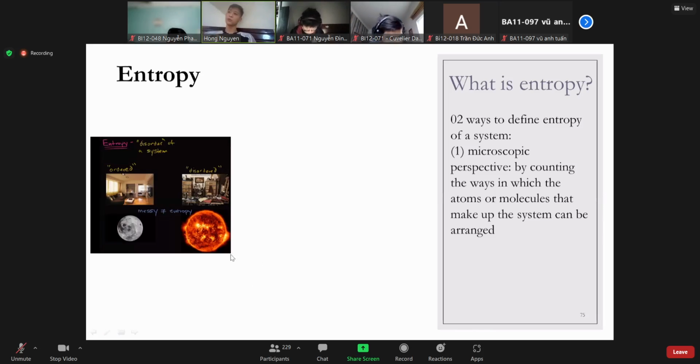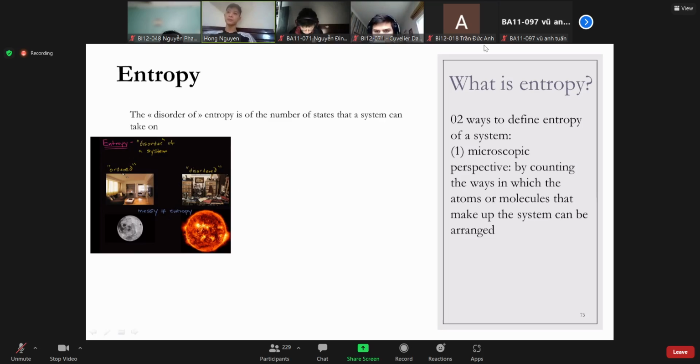But how to prove it? How to prove it? It's a different way. We cannot just look at a system, and we intuitively say that this one has more entropy than the other one. We have to measure it, right?